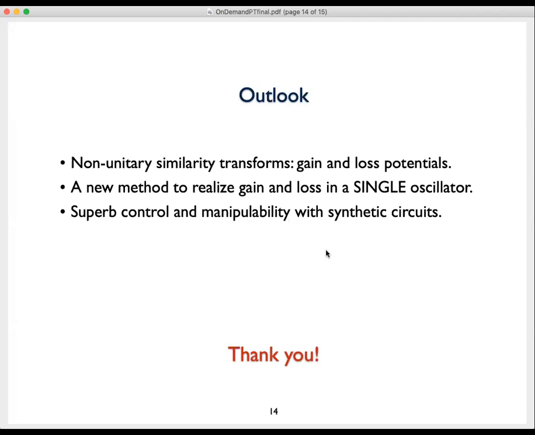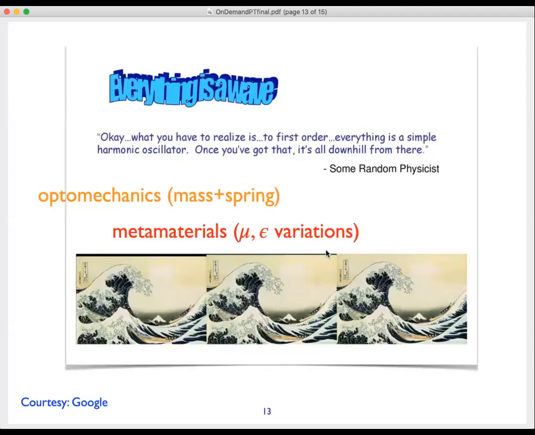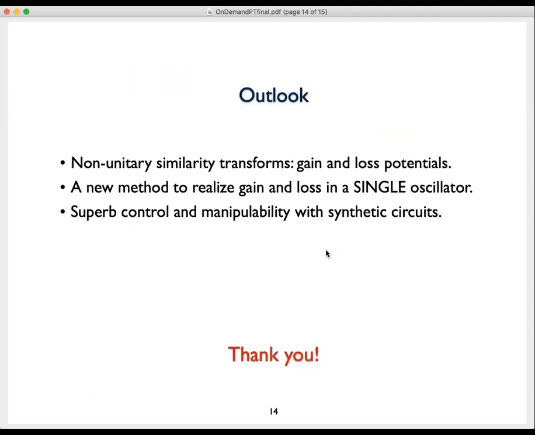He has a synthetic circuit, in which we can change these things in situ to be able to do any of these experiments, walk along the exceptional line, span out this entire phase diagram, and so on. It is amazing. So I'm very excited about this piece of work, and I thank you for your attention. I'll stop and take any questions, if there are any.